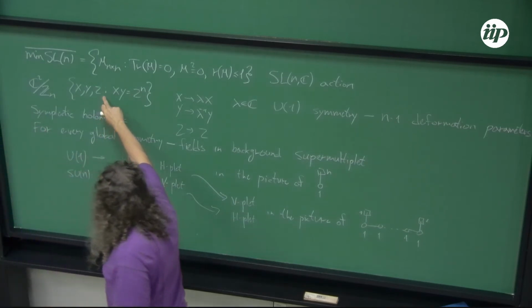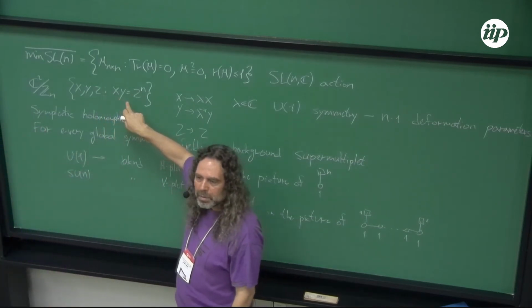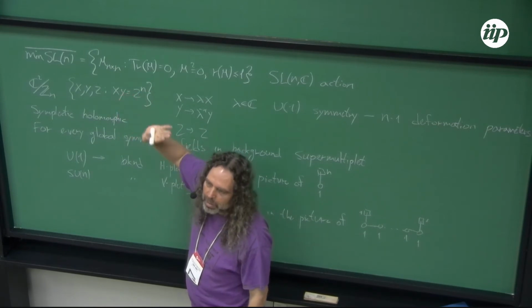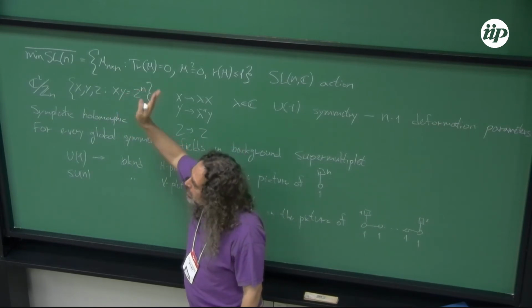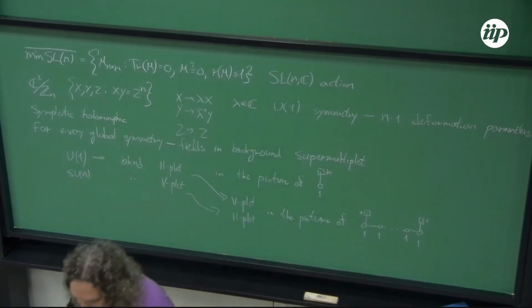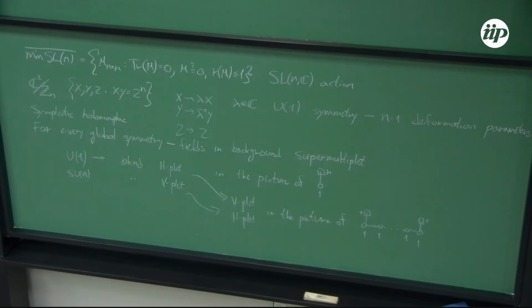Because I use complex numbers, and in addition, there is a symplectic form which I didn't use so far, but it's certainly there. So symplectic here for us means supersymmetric with the right amount of supersymmetry.